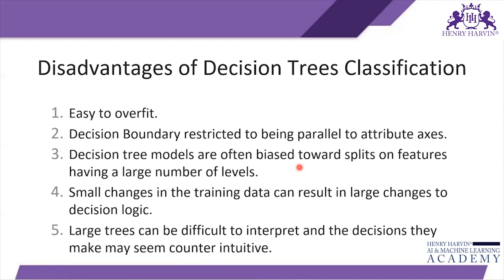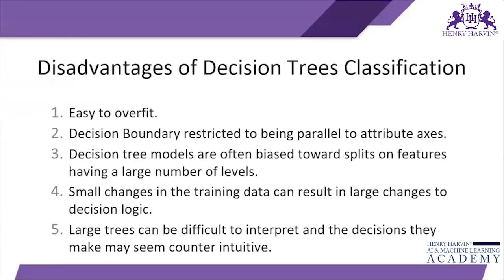Small changes in the training data can result in large changes to the decision logic. Large trees can be difficult to interpret, and the decisions they make may seem counterintuitive. So those are all the disadvantages of decision tree classification.